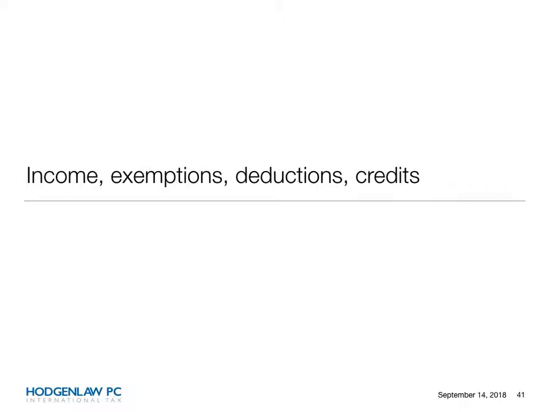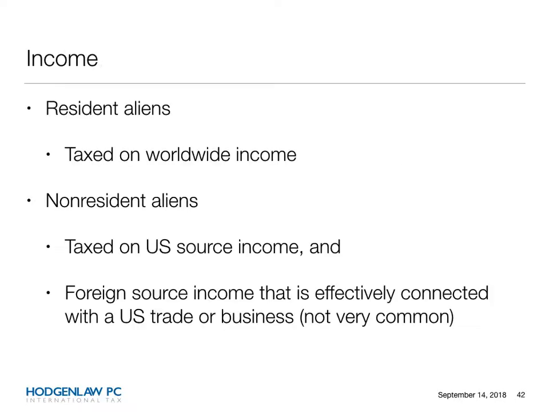Now that we have a general idea of what dual status returns and dual status statements are, let's delve into what you actually put in the dual status returns when it comes to reporting income, exemptions, deductions, and credits. Starting with income, for the resident portion of the year, you report worldwide income.